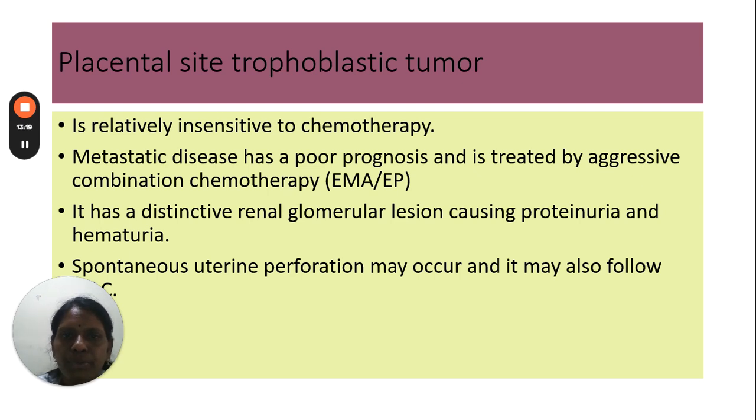Metastatic disease has a poor prognosis and is treated by an aggressive combination of chemotherapy, that is EMA-CO. It has a distinctive renal glomerular lesion causing proteinuria and hematuria. Spontaneous uterine perforation may occur, and it may also follow molar pregnancy.